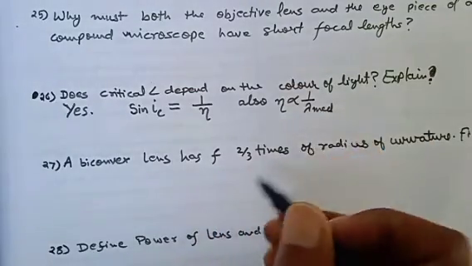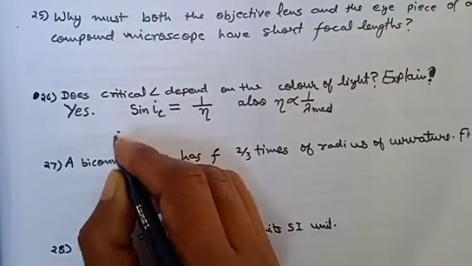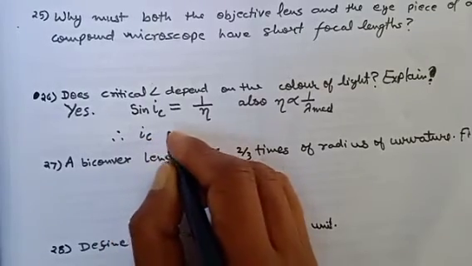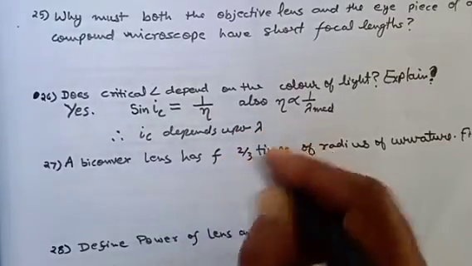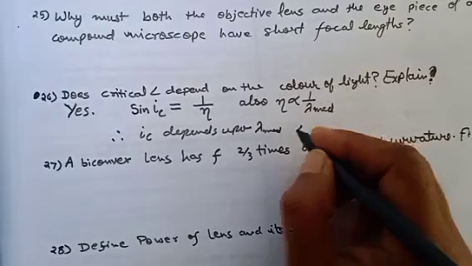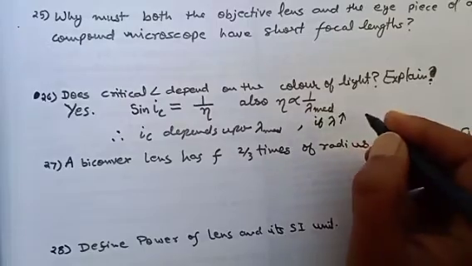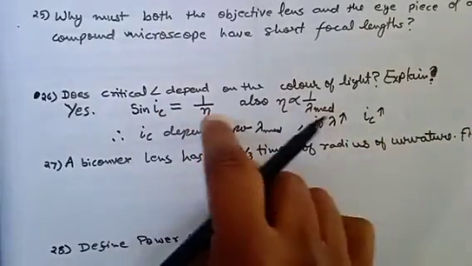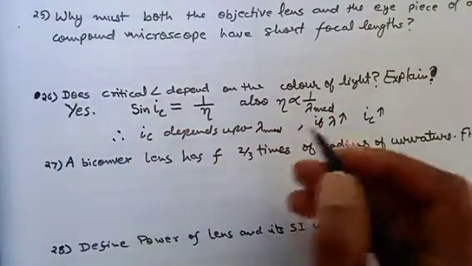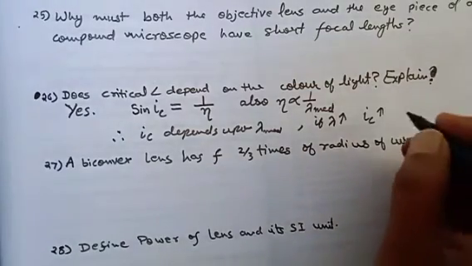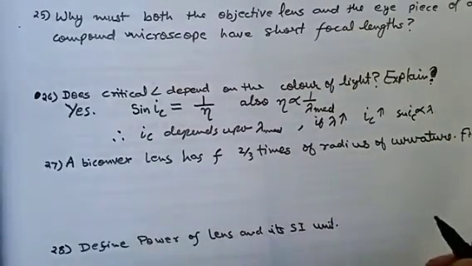So we can say IC depends upon lambda. If lambda increased, IC also increases. Both are in inverse proportion, so we can't say sine IC is directly proportional to lambda, then we can say, because sine IC is in direct proportion with lambda.